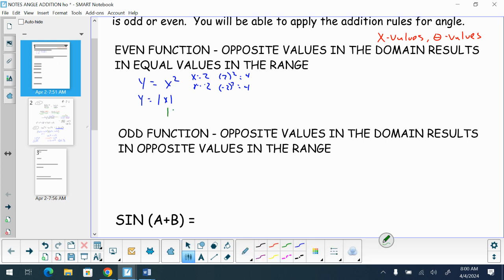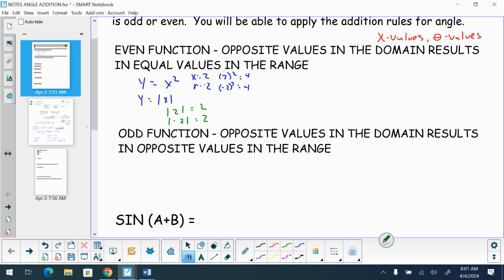The absolute value of 2 and the absolute value of negative 2 will result in 2. And the easiest way to determine if you have an odd or even function is just trial and error. Put in opposite values and see what you come up with. If I had just x squared, I squared 2, I squared negative 2, I get the same value. Opposite gives you equal values.